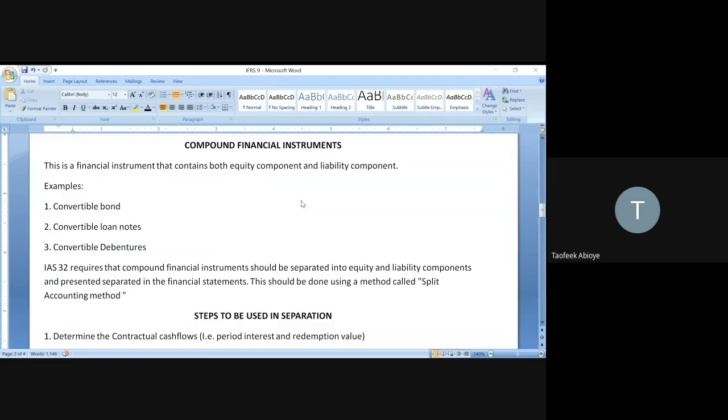So whenever an entity acquires or issues a compound financial instrument, it must be separated into equity and liability using a method called the split accounting method. So there is a method in IAS 32 called split accounting. That split accounting is used to split compound financial instruments into the liability and equity parts.